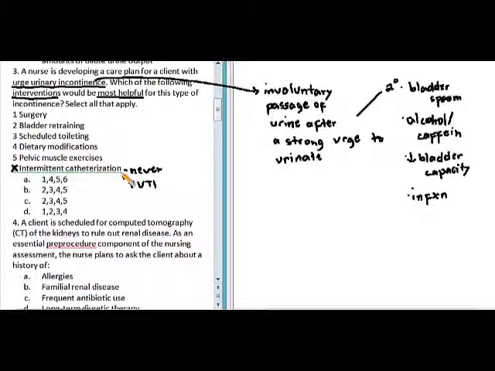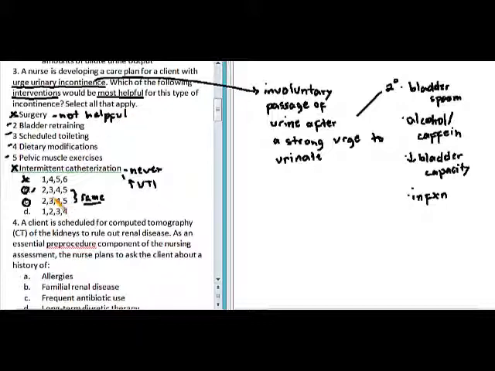So let's eliminate A. And the answer here is B or letter C, because they have the same 2, 3, 4, 5. These are beneficial for urge incontinence. Surgery is not. This is not helpful. Okay. Answer here is B or C.